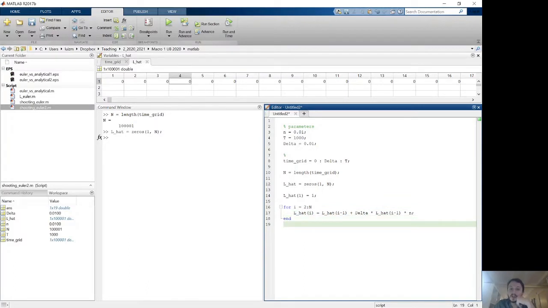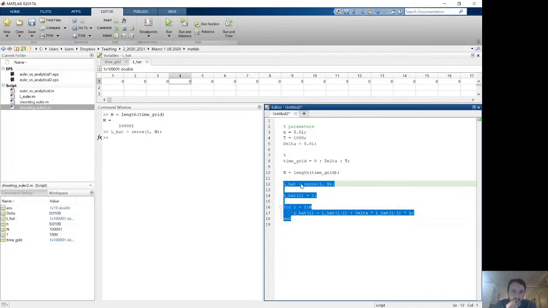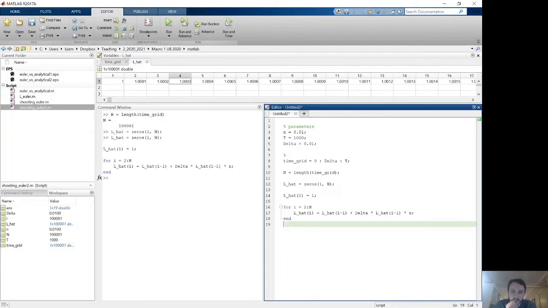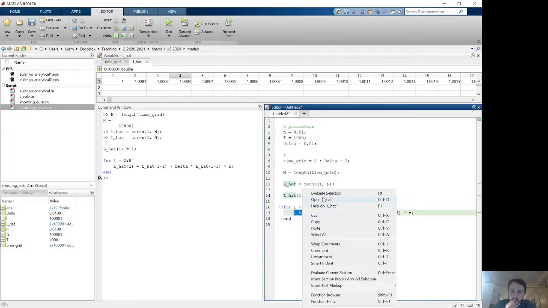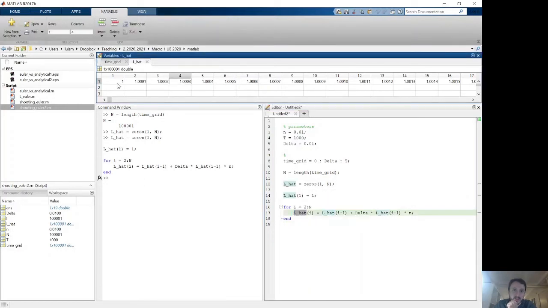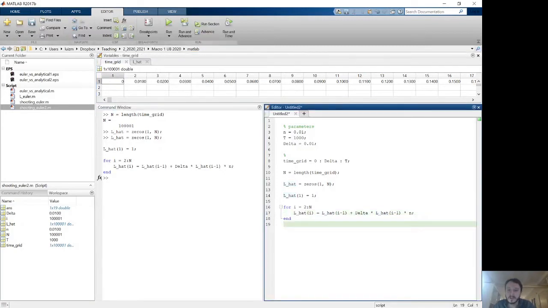Okay? So if I run this, let me now open L hat. I have the population size for some specific points in time, which are described by this time grid vector. So I can plot this.